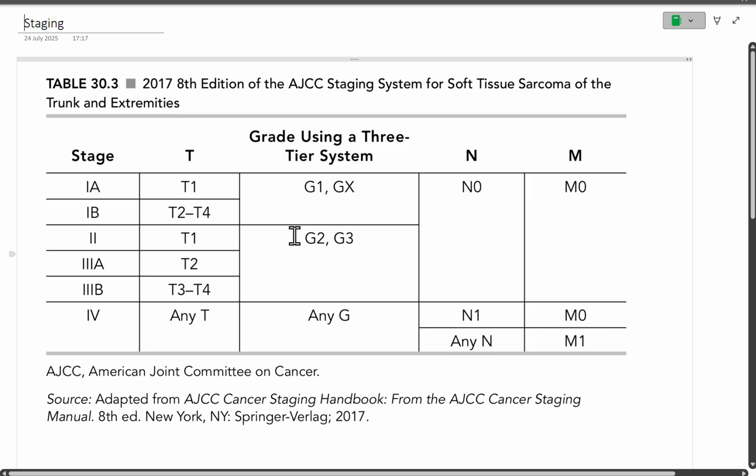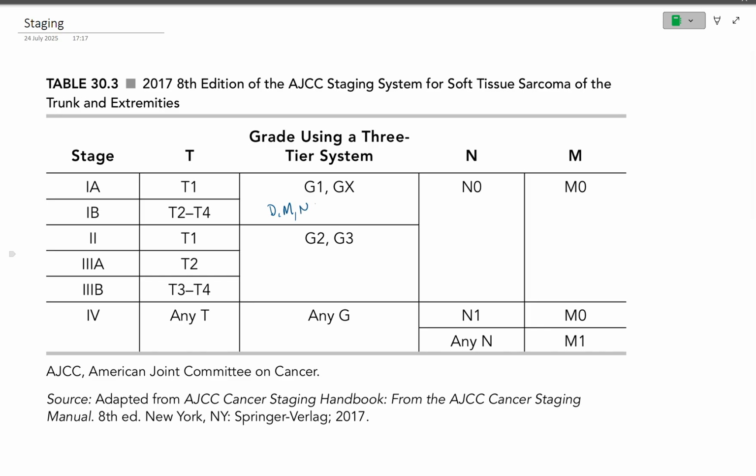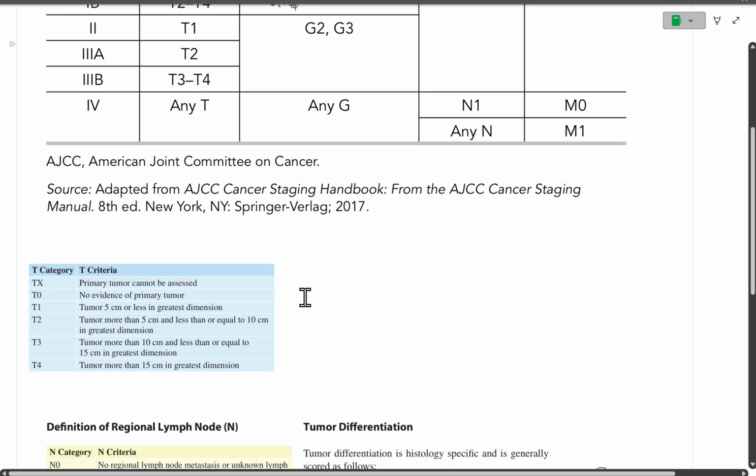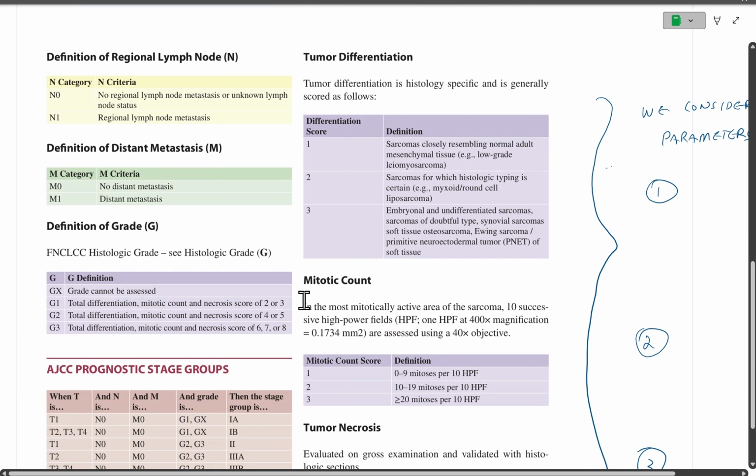And anything that is grade 2 and grade 3 would be in stage 2, 3, and 4. Anything that's metastatic would be stage 4. Any grade 1, that is the differentiation score, mitosis score, and necrosis score, DMN. Okay, so remember that.